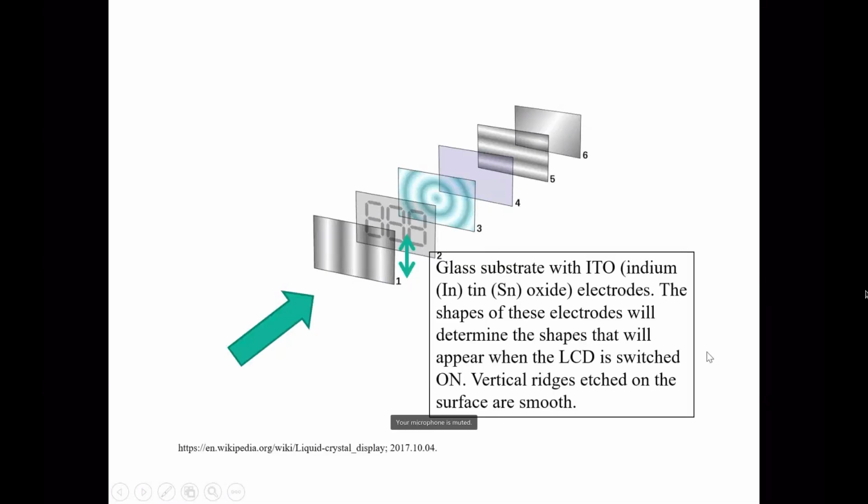This one is a transparent electrode that has, by some technology, the digits, you see? These digits mean the electrodes. If you deliver the electrical potential, this light passes this potential.